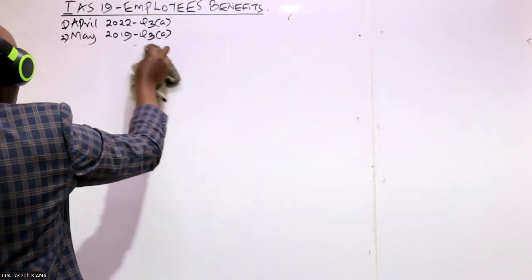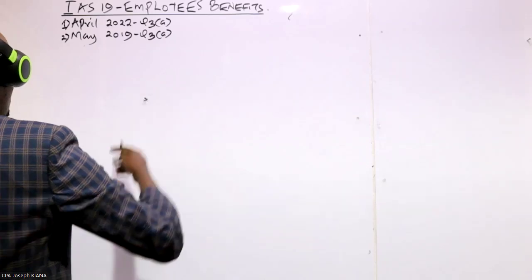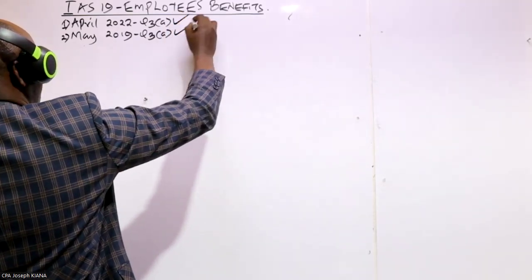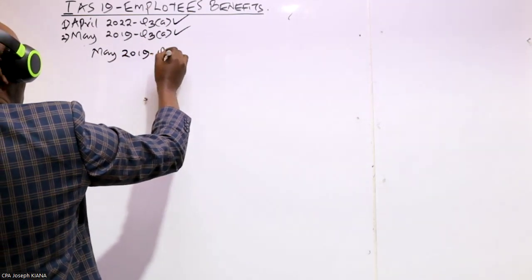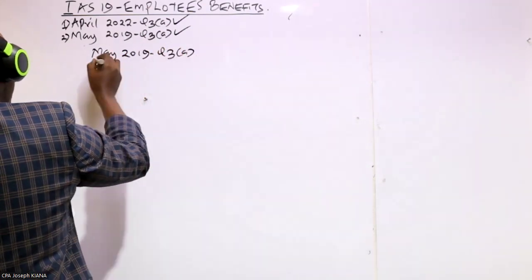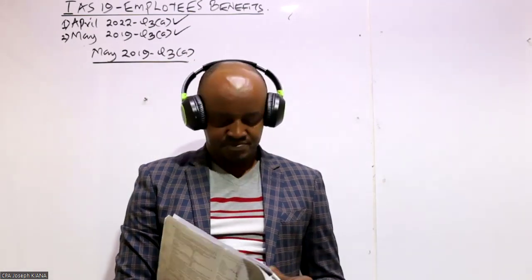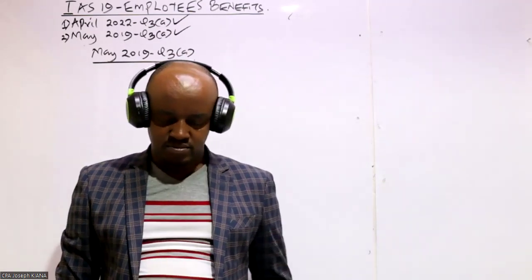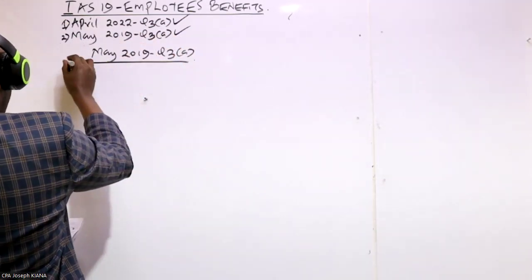I want us to proceed and look at this other question, the question for May 2019, which is question 3A. Also a question on accounting for the defined benefit plan. That question has two parts, part Roman 1 and Roman 2.